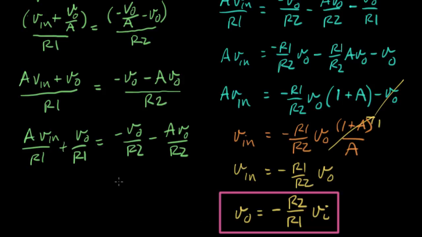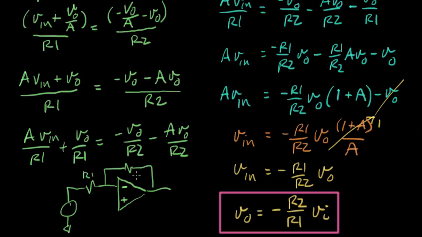Again, let me sketch the circuit real quick. We had the minus sign on top. There's V out. And there was R1 and R2. And the positive input, the non-inverting input, was connected to ground.